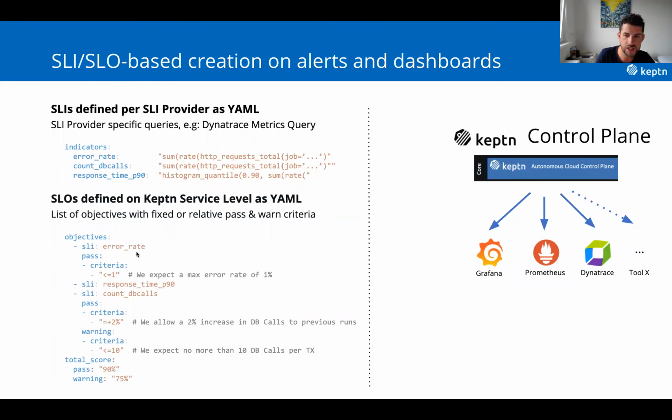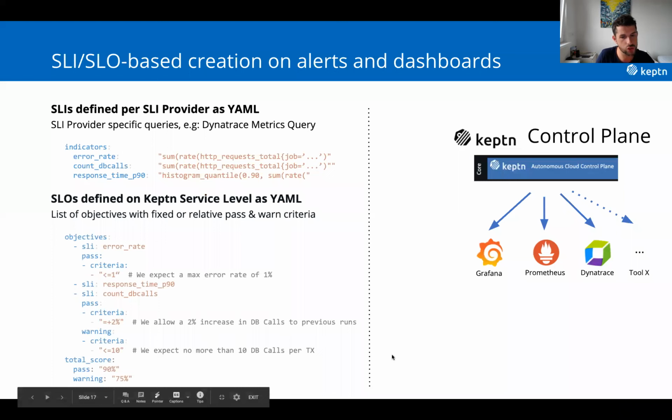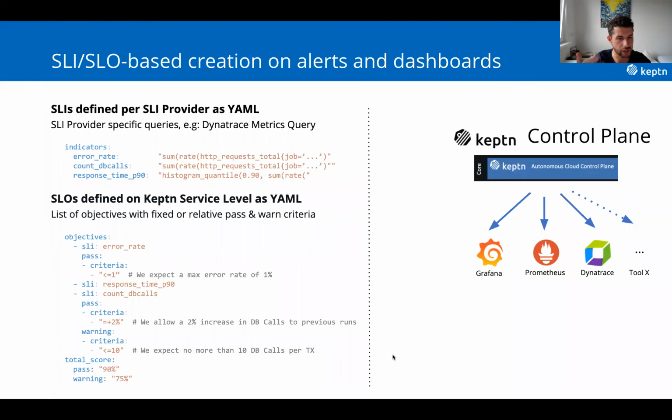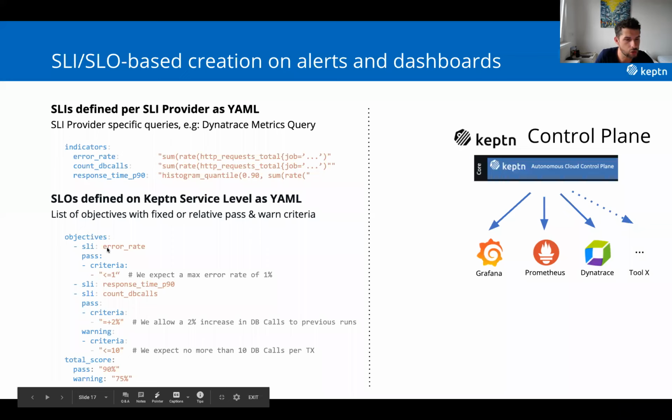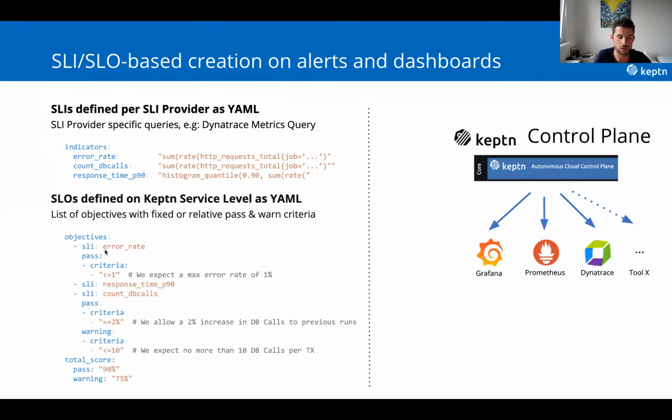And the beauty here is that in the objective file, this is usually the file that defines a quality gate or a quality check, or you will use it in the quality check of an application or a microservice. You don't have to know which monitoring tool you're using or which data provider you're using. You can even exchange the monitoring tool under the hood, and you don't have to exchange these quality definition files. So that's pretty sleek, I would say. So in this case, we would define the error rate has to be smaller than 1. So we only allow a maximum of 1% of error rate.